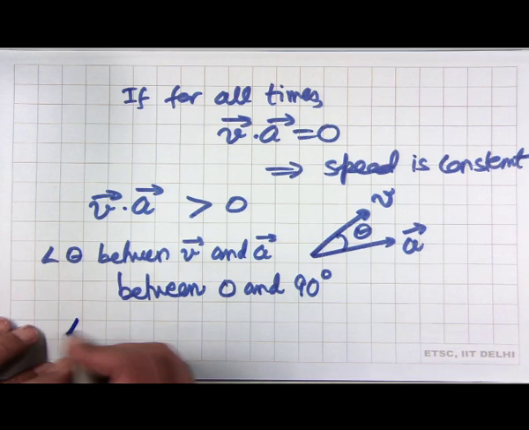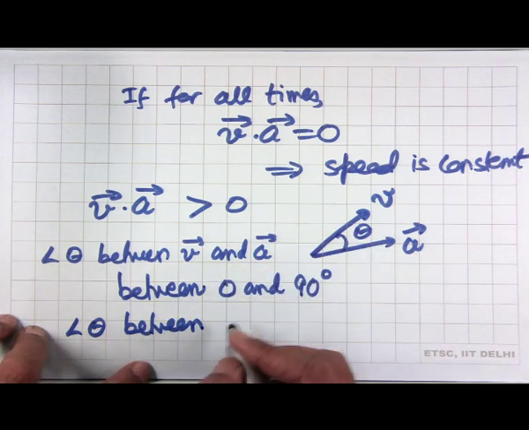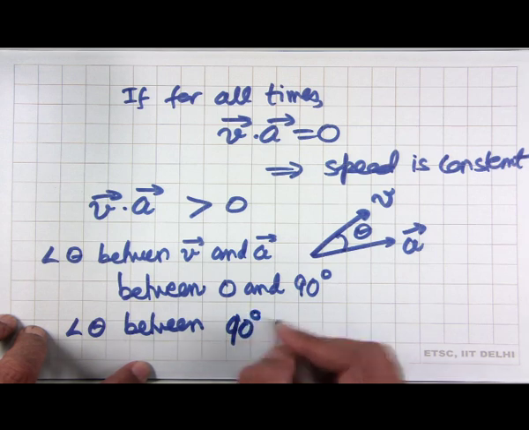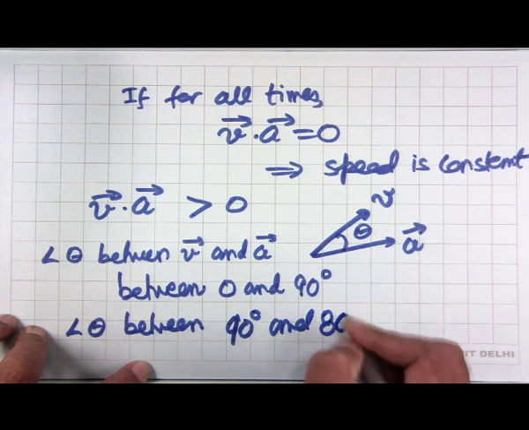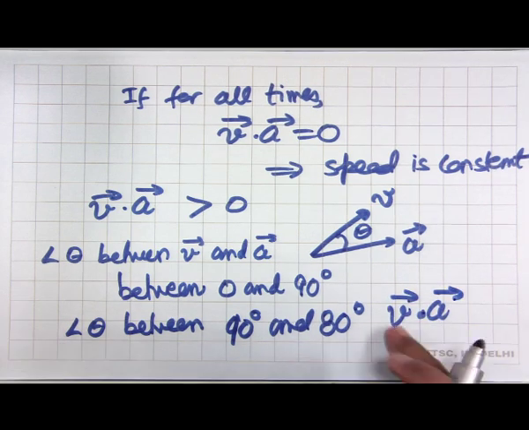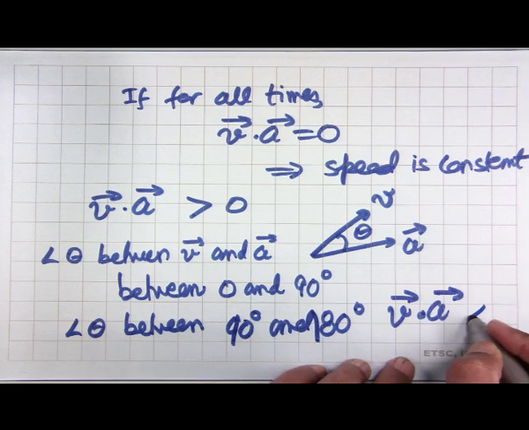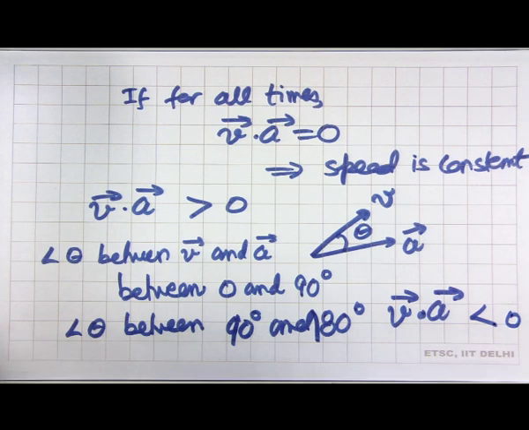If the angle theta between v and a is between 90 degrees and 180 degrees, then v dot a will be equal to magnitude of v times magnitude of a times cosine of the angle, so this will be less than 0.